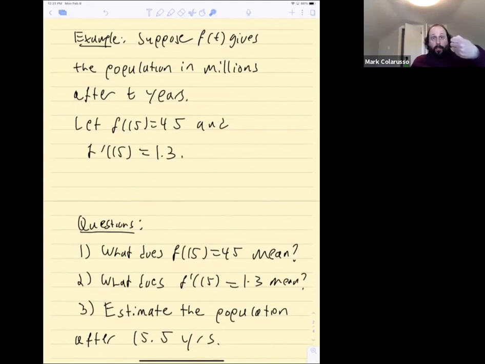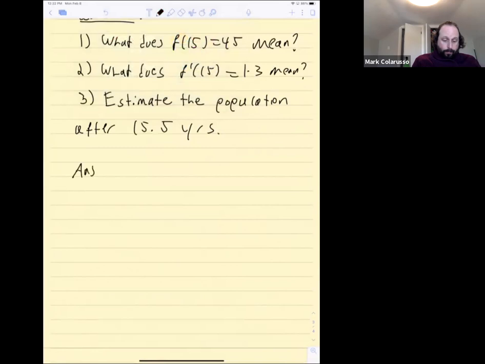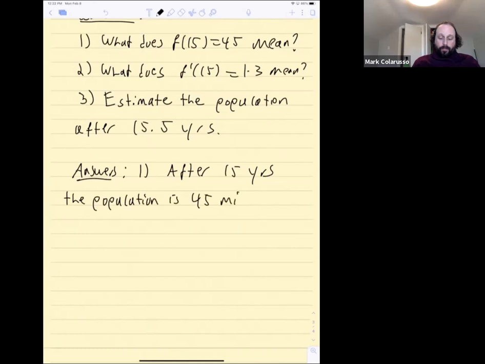So f of 15 equals 45 means that after 15 years, the population is 45 million.